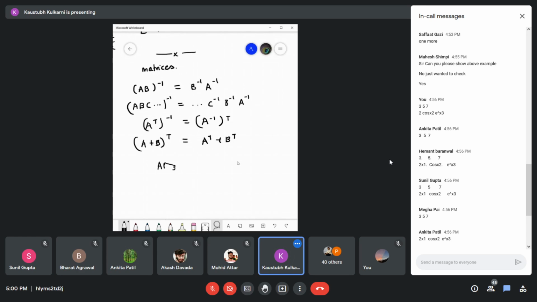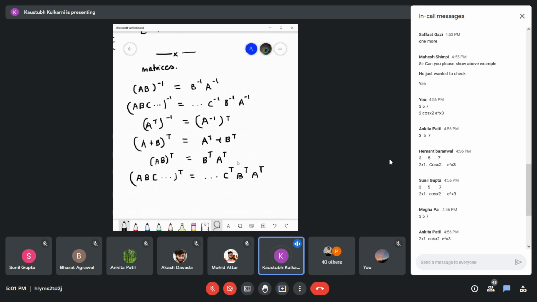AB transpose is nothing but B transpose A transpose. If you have multiple matrices in product, then it is exactly the same as the inverse, B transpose A transpose.